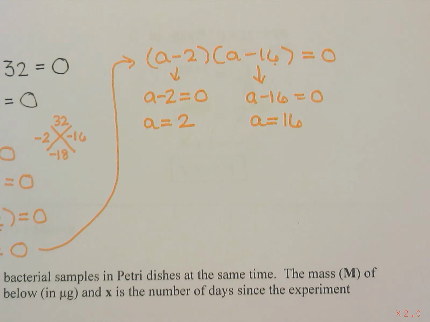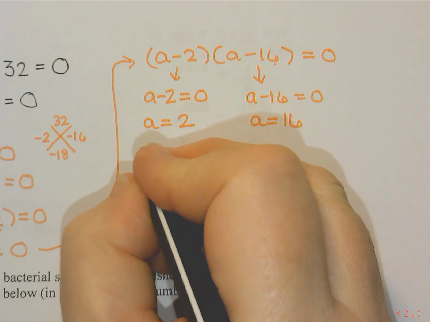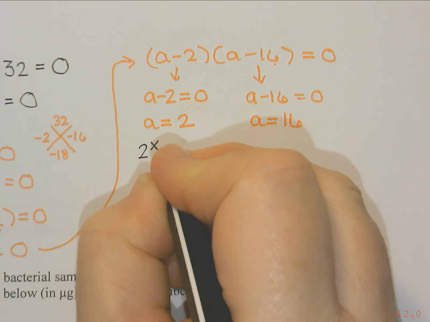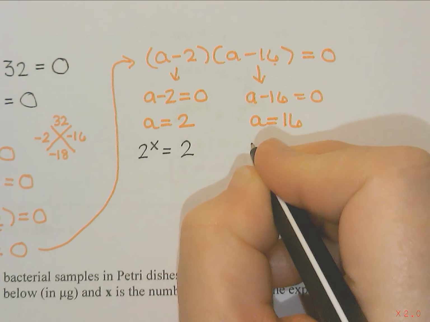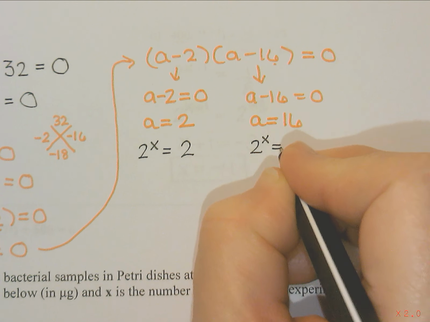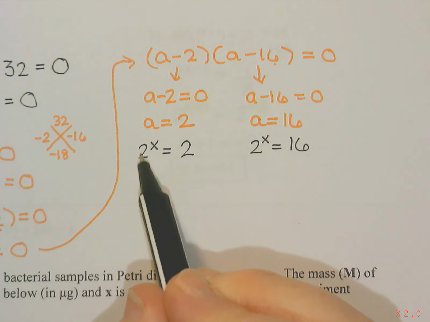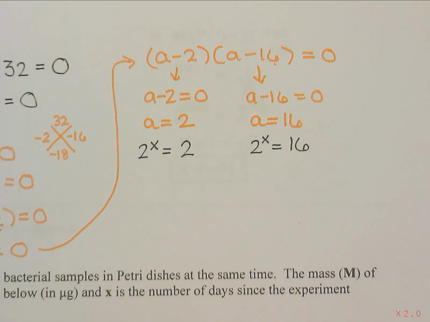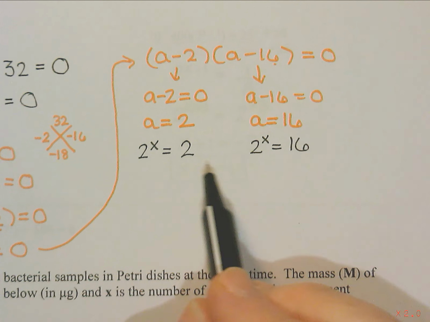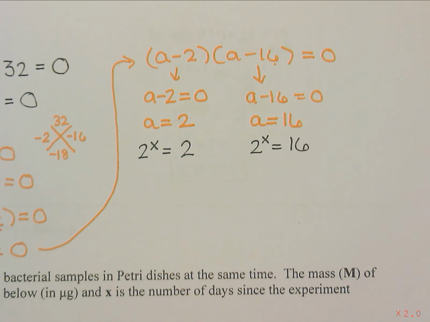Okay, at this point we have solved as far as we can with the a, so I need to put the 2 to the power of x back in. So I have 2 to the power of x equals 2, and 2 to the power of x equals 16. Now, in order to solve, I have two choices. I can either take this base of 2 to the other side and do a log, or I can try to write them as powers with the same base and then compare their exponents.